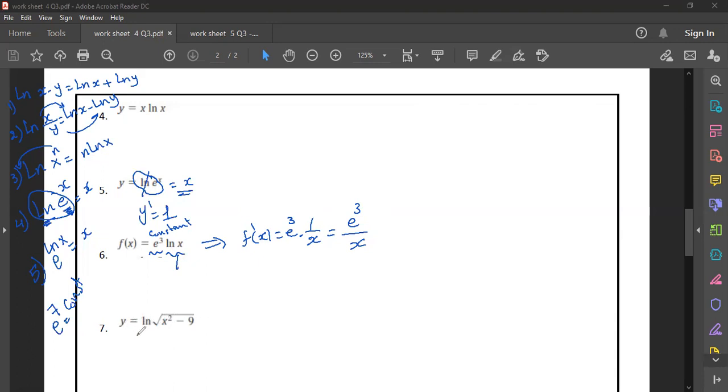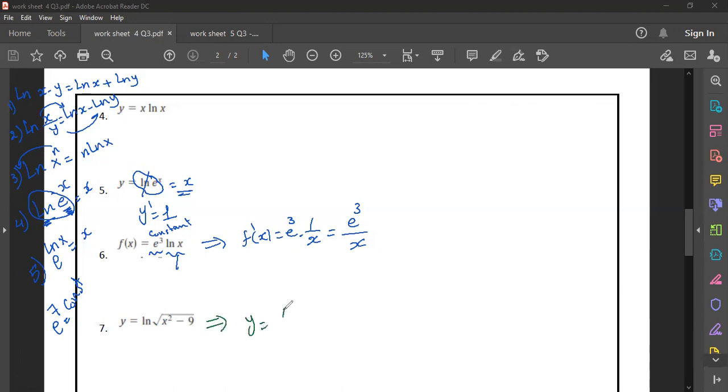Here, Miss, like this problem, I know I can solve it the other way, but it will be too long and more difficult, and it is not easy to simplify. It's better for me to apply the basic rule, the properties of the natural logarithmic function, then find the derivative. How to simplify it?